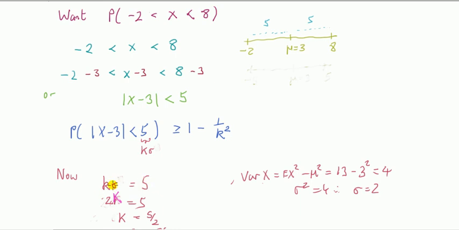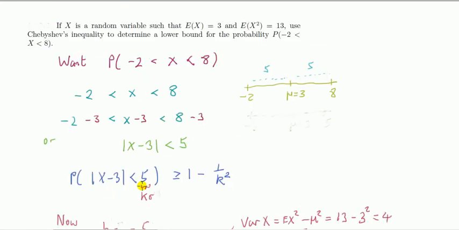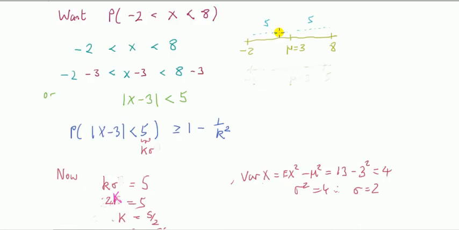However, guys, we're told what the second moment is. It's 13. And we know that the variance of a random variable, the variance of x, is equal to the second moment minus mu squared. Substitute the numbers in, we get 4. So sigma squared is equal to 4. Standard deviation is the positive square root of the variance, so that gives me 2. So it's actually 2k is equal to 5, from which you can deduce the rest.